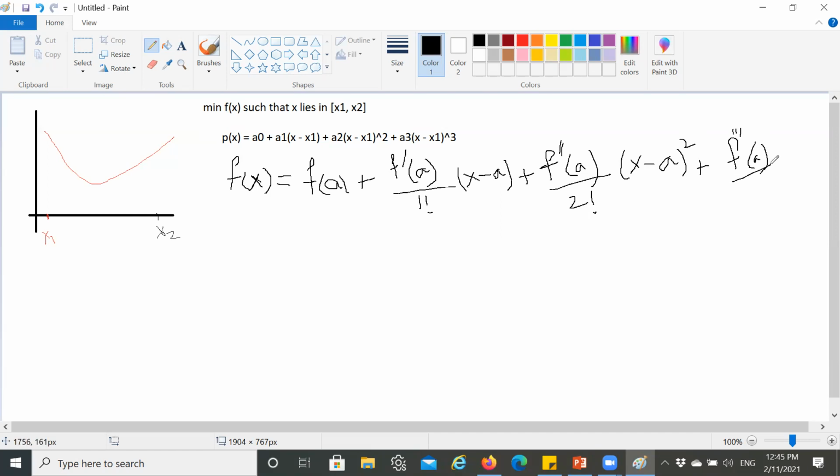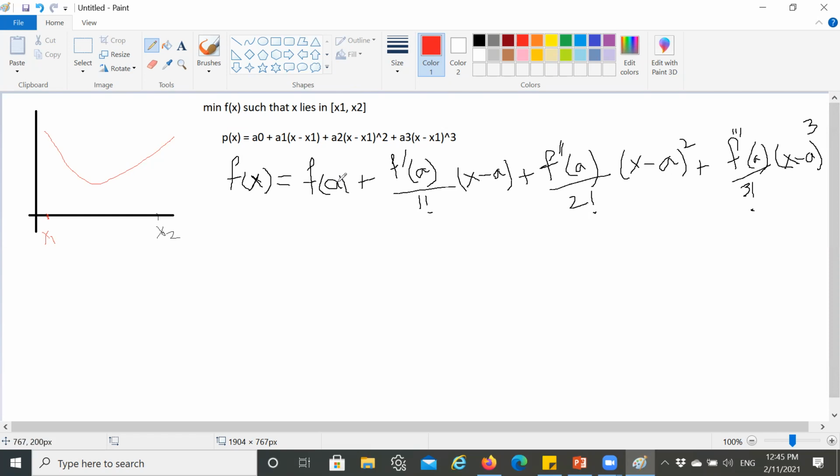That means the third derivative of f at a, assuming that the function is n-times differentiable, times (x minus a) to the power 3. Now, if you look at this, I can approximate a function using this. The more terms I have, the more accurate this evaluation would be.